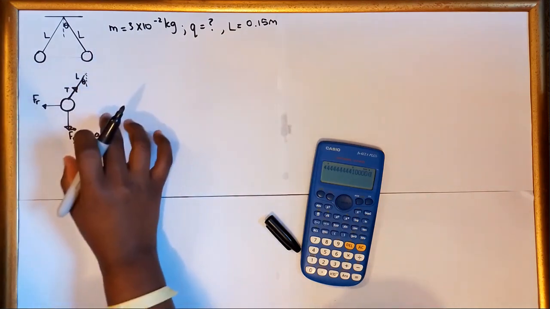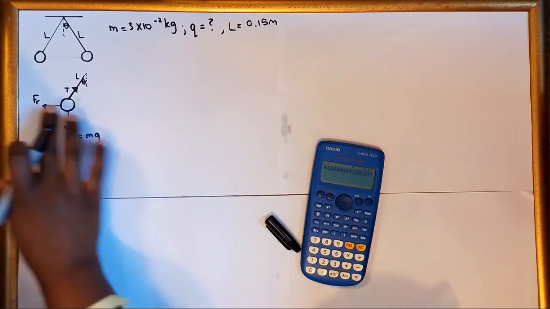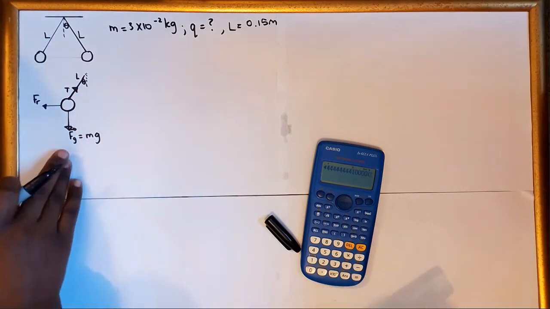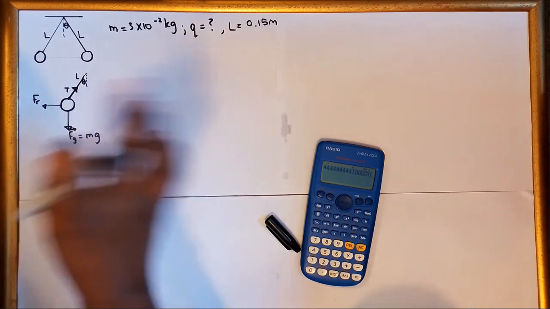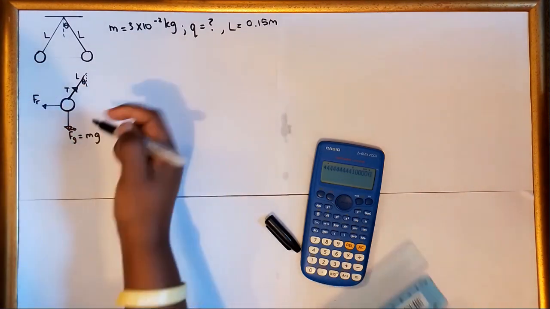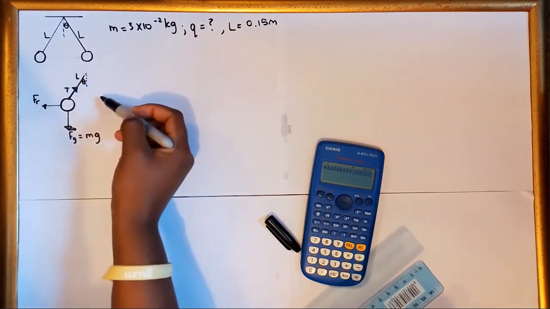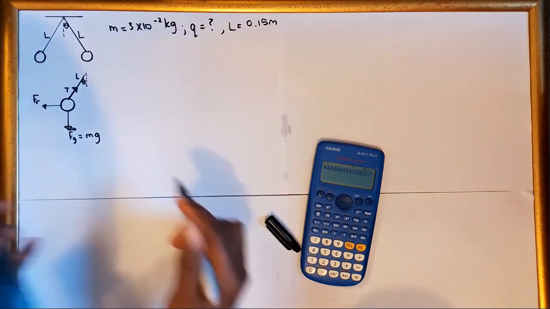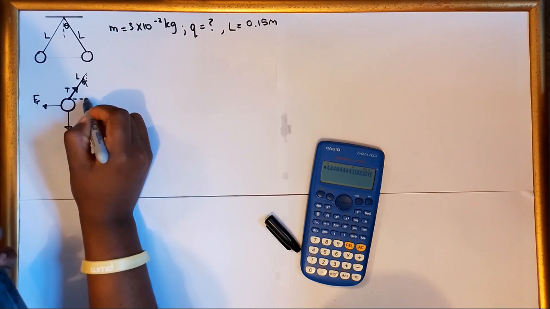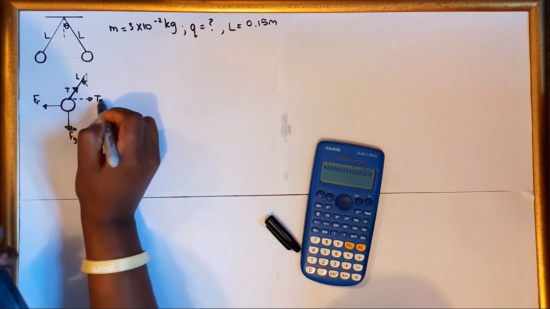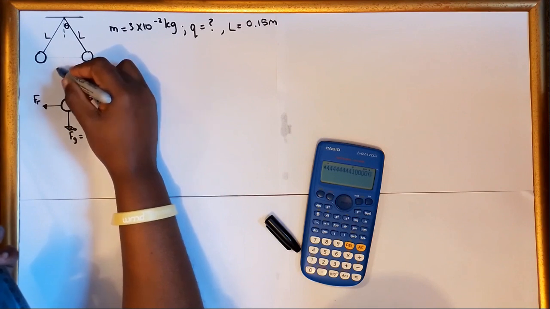So using that, I'm going to write down the forces acting in the horizontal direction and the forces acting in the vertical direction. But first, we have to break the tension force into its vertical and horizontal components. So the tension force has Tx, and it also has Ty.